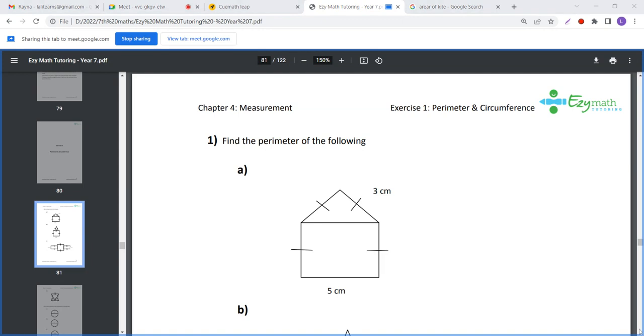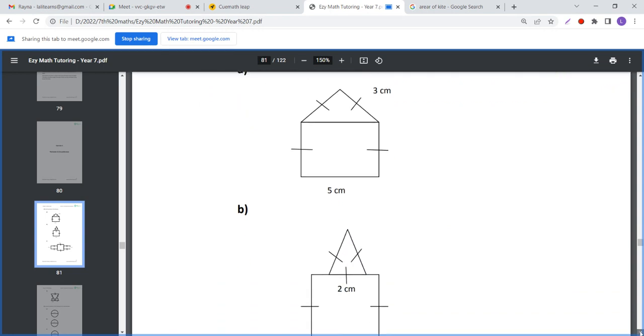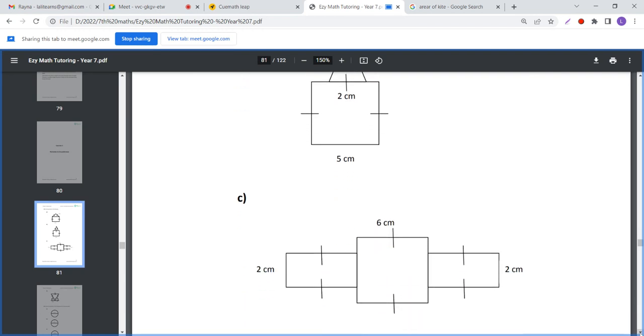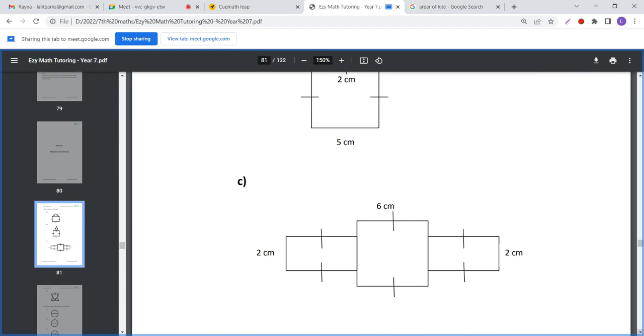Next. Okay, so this is going to be 21. Okay.